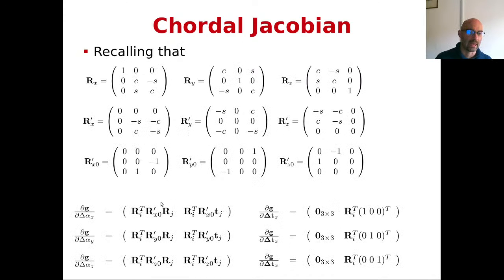So by doing this game, we manage rather quickly to construct the 6 matrices representing my derivative. Each matrix will encode the derivative of my g function with respect to one of the elements. Okay?